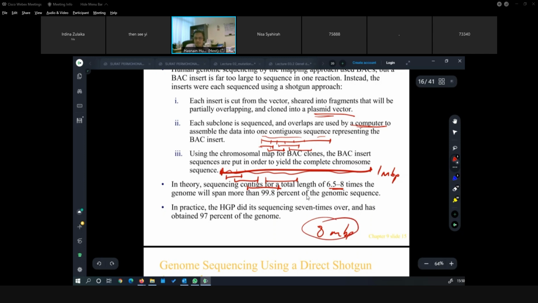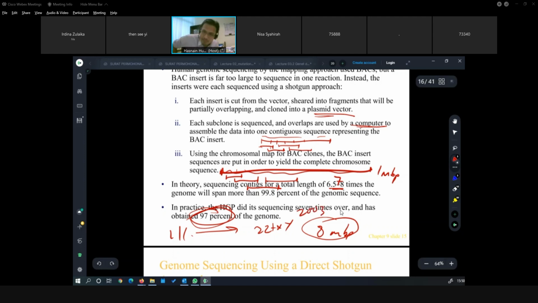In practice, the Human Genome Project did its sequencing 7 times over, and obtained 97% of the genome. So for chromosome 1 until chromosome 22 plus X and Y, it covers 97%, back in 2003.